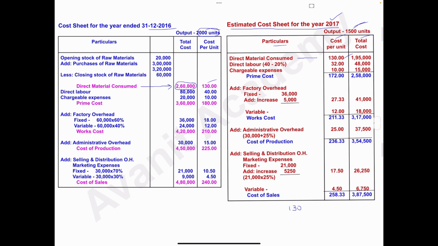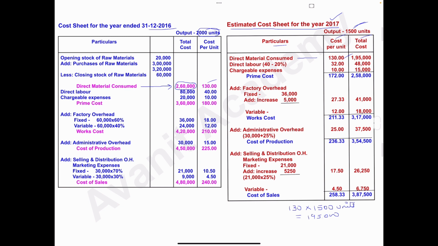To get the total cost, we multiply 130 into 1,500 units, that is total output. Understood? The cost per unit of direct material consumed is 130. To prepare 1,500 units, what will the direct material cost be? You have to multiply 1,500 into 130 and the value will be 1,95,000.